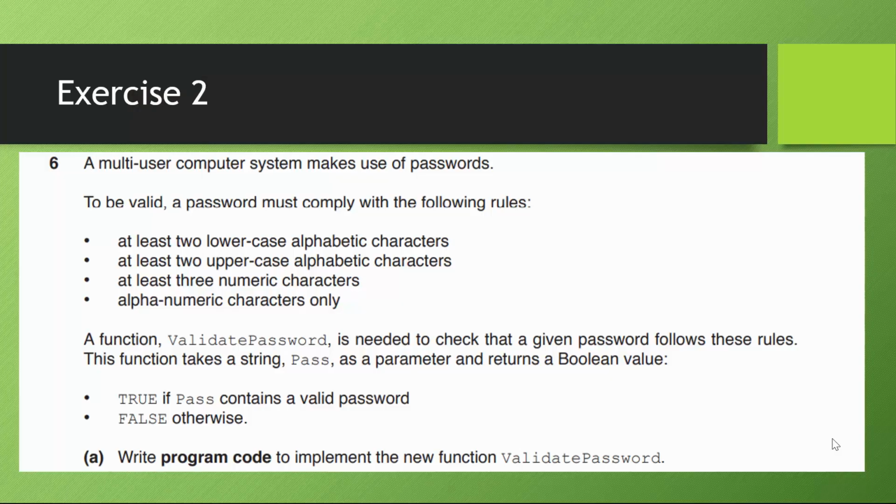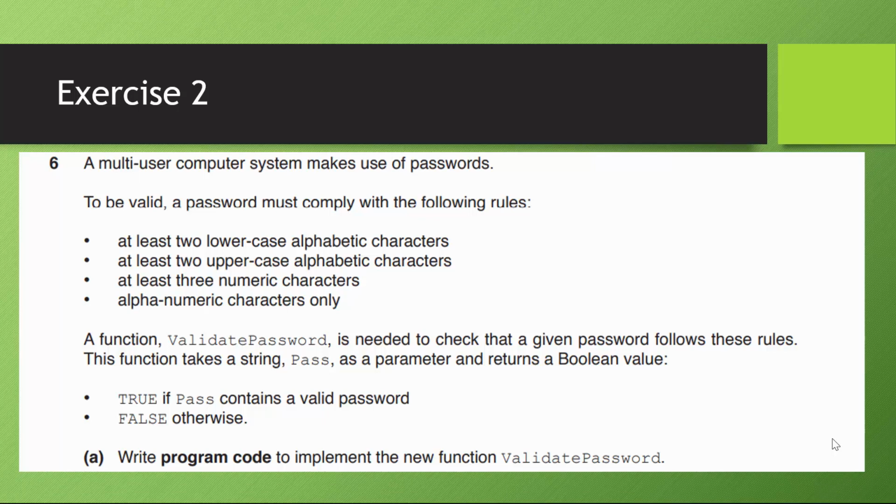All right, so in exercise 2, a multi-user computer system makes use of passwords. To be valid, a password must comply with the following rules: at least 2 lowercase alphabetic characters, at least 2 uppercase alphabetic characters, at least 3 numeric characters, and alphanumeric characters only.